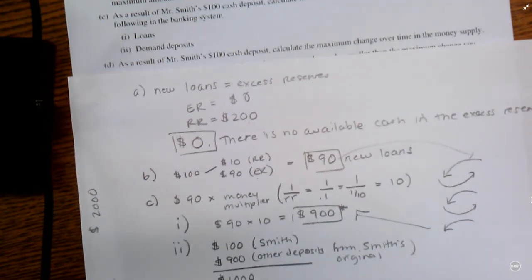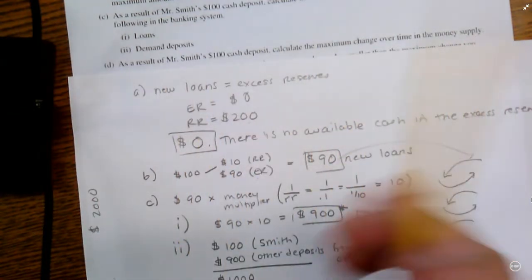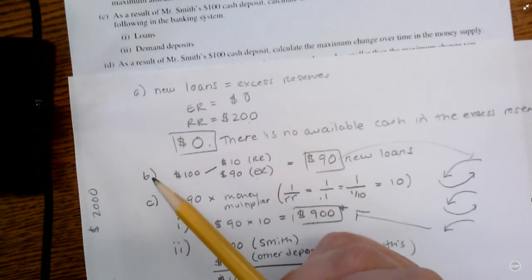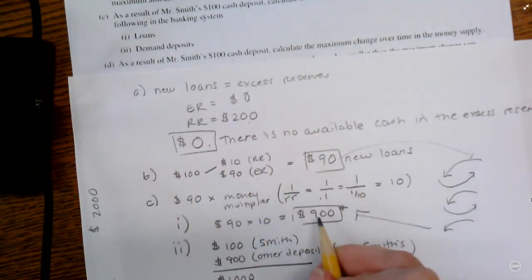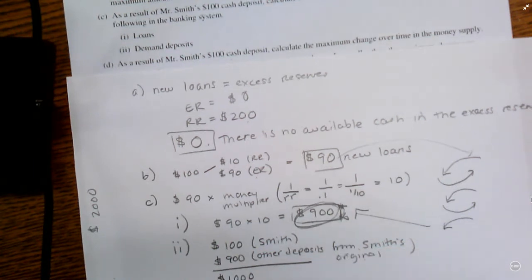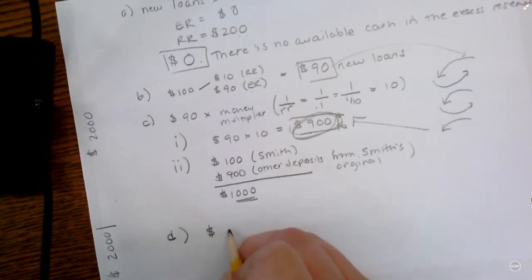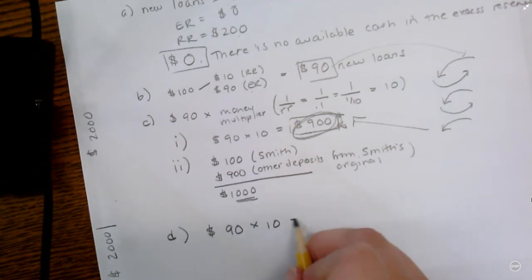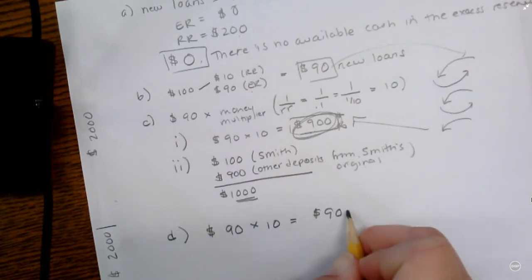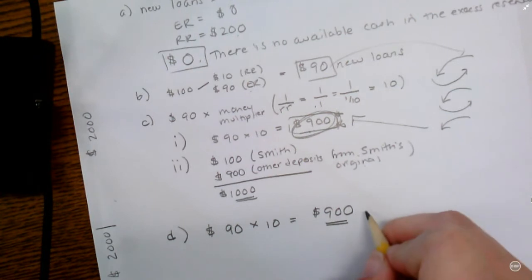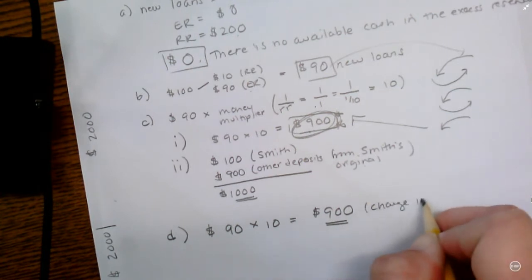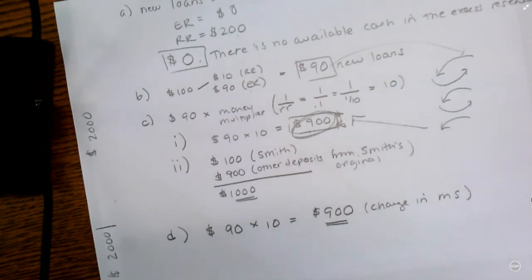So I thought it kept going, so I didn't really say that in the right cadence. Calculate the maximum change in the money supply. So as a result of the $100 cash deposit, $900 of new money was created in the loans. $90 times 10, which is the money multiplier, is the same way we determine the change in money supply.